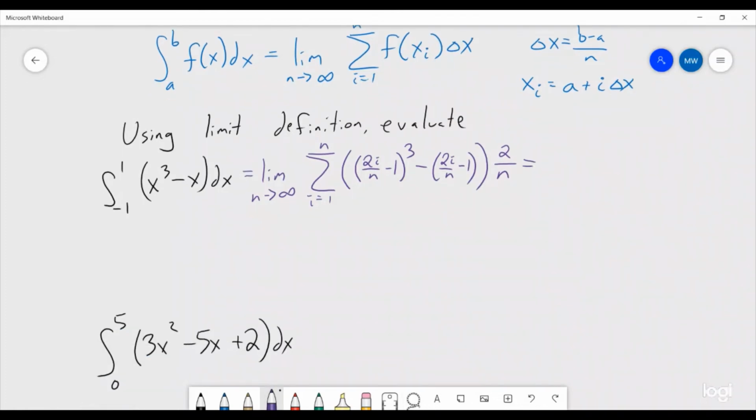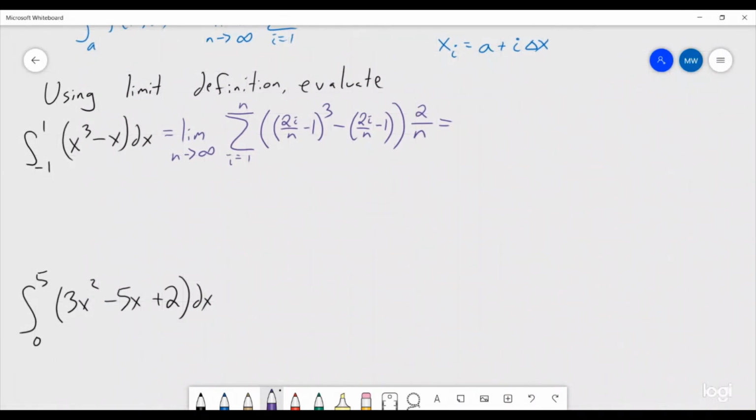So this is equal to the limit as n goes to infinity of 2 over n times the sum from i equals 1 to n of (2i over n minus 1) cubed, which becomes 2 cubed i cubed over n cubed, minus 3 times 2 squared i squared over n squared, plus 3 times 2i over n, minus 1.